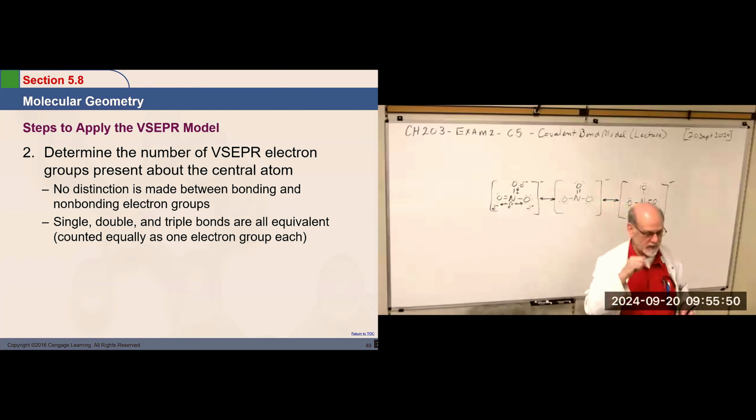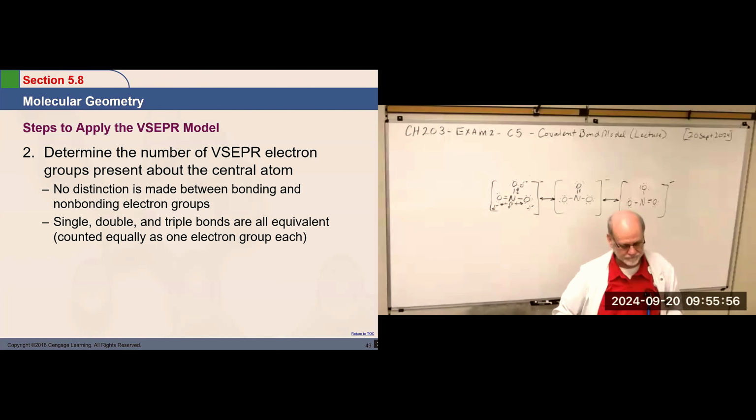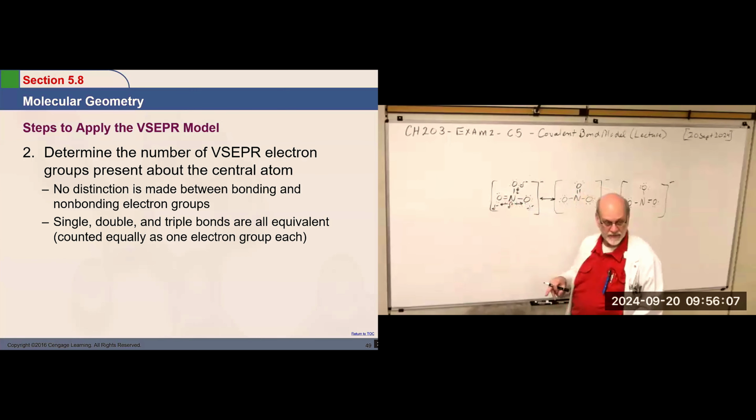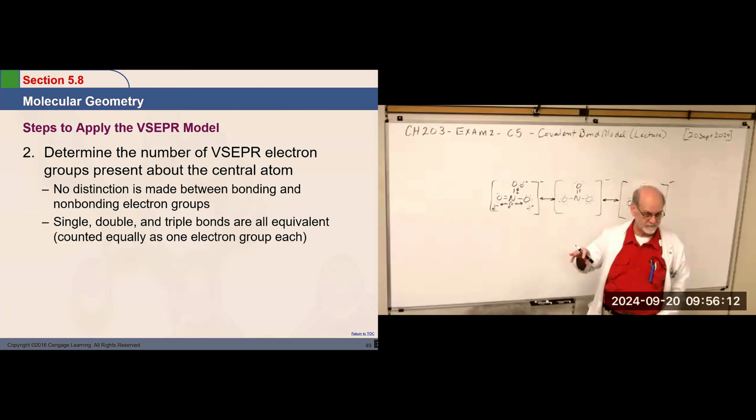You might have one geometric structure at this end of the molecule and a different one at this end. And we count groups. So this is a group, this is a group, and this is a group around that central atom. Even though it's a double bond, we count it as a single group.